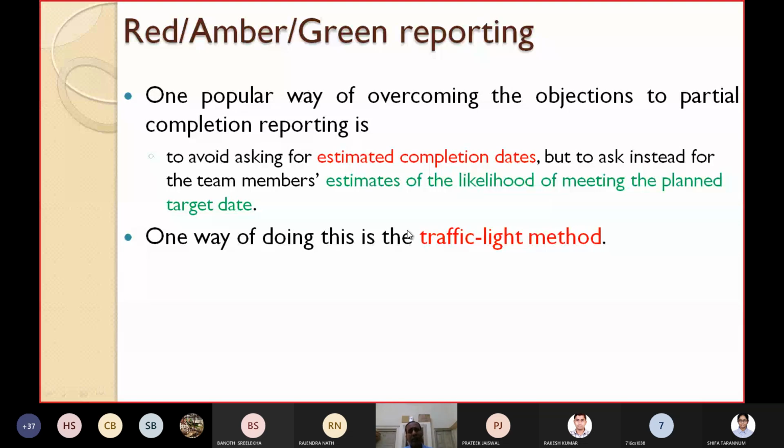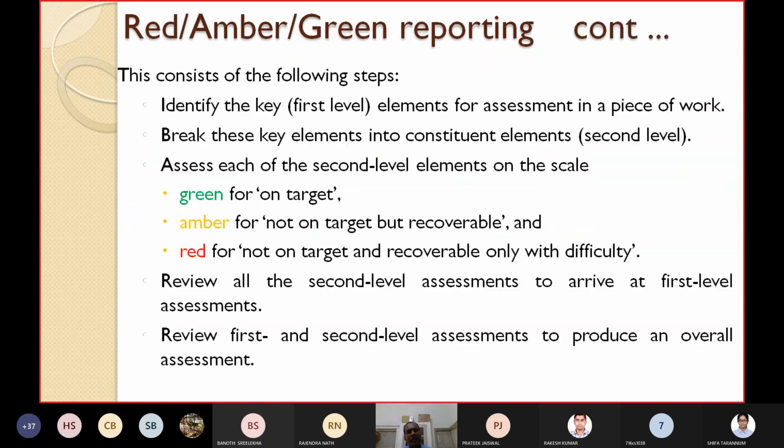One way of doing this is by using the traffic light method. In the traffic light method, there are three colors: green, amber or yellow, and red. Let's see how we can use this red, amber, green method for partial completion reporting.